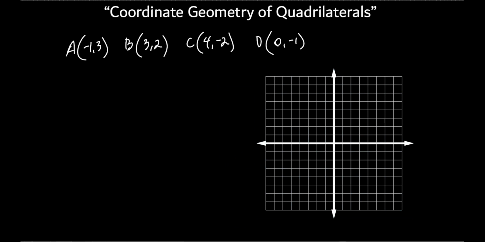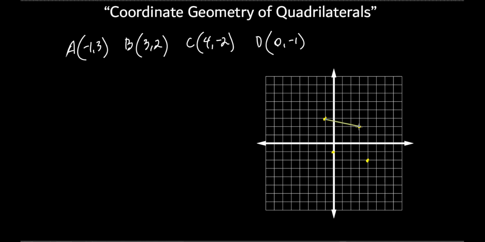I am going to plot the thing. So let's put it in yellow. All right, so let's do this. (-1, 3). So -1, 1, 2, 3. That's A. (3, 2). 1, 2, 3, 1, 2. (4, -2). 1, 2, 3, 4, -2. And then (0, -1) right there. Okay?